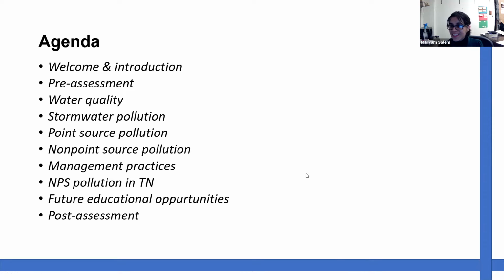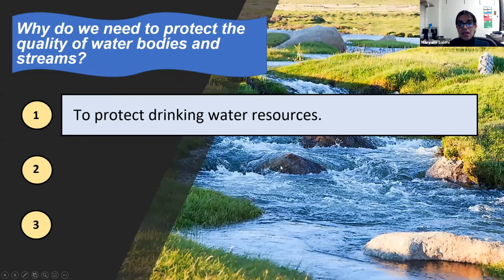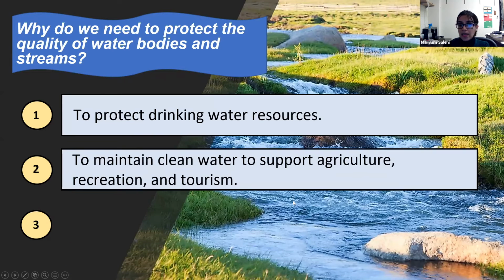Great. Thank you, everyone. So we need to protect the quality of our water bodies and streams, because many of those can serve as the drinking water sources for us. Many of them are supporting agricultural activity, recreation, or even tourism.